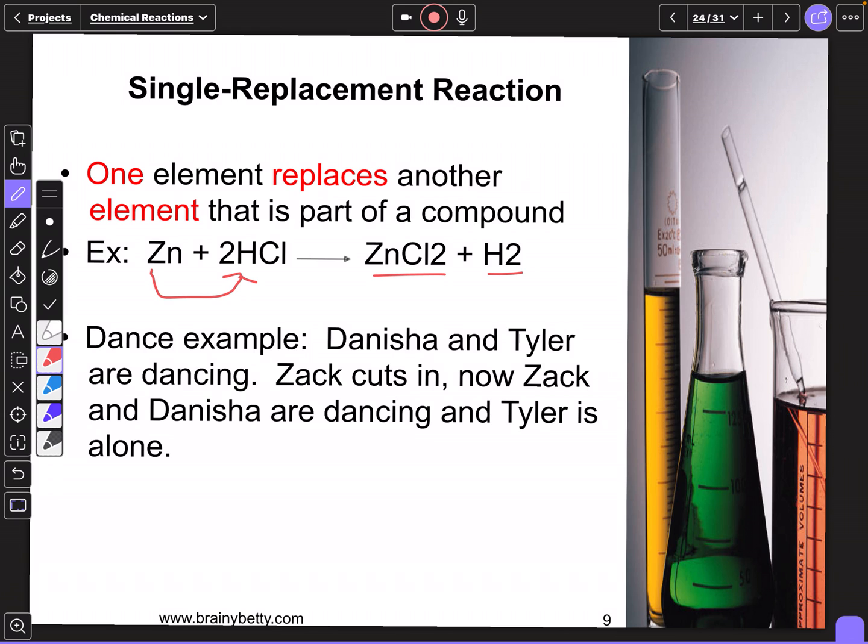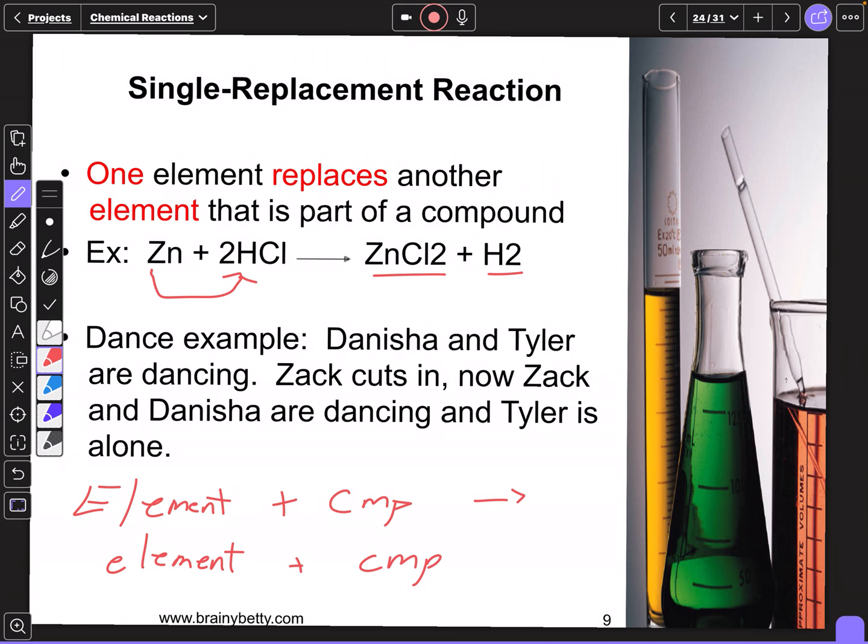You can always look at it, the general form of it will be like this. I need to write this down. Element plus compound produces element plus compound.